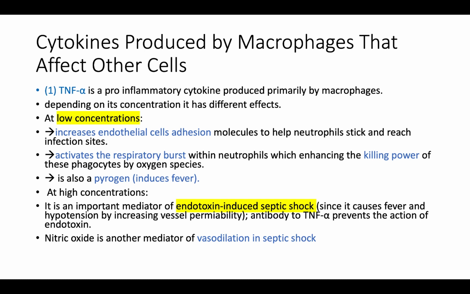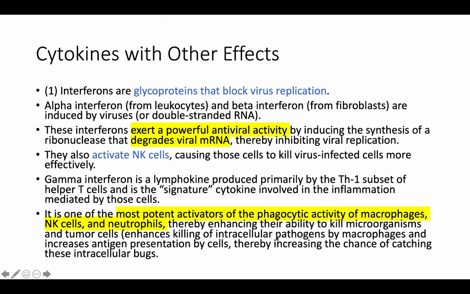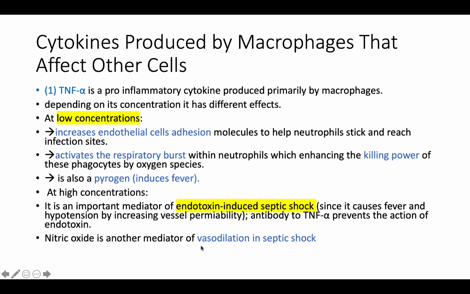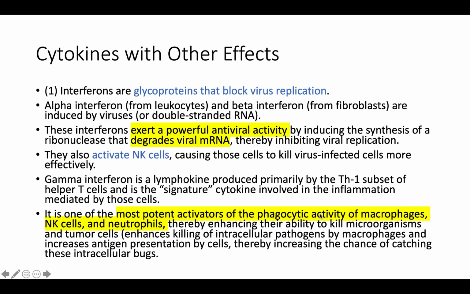In distributive shock, of which septic shock is a type, we see that this is the only one where systemic vascular resistance is actually reduced. And this helps us with the fever here: fever with shock and low blood pressure all point you towards a distributive septic shock with vasodilation due to nitric oxide. So this is an important way this happens, by tumor necrosis factor alpha at high concentration.